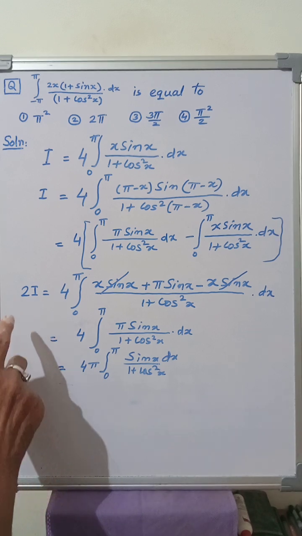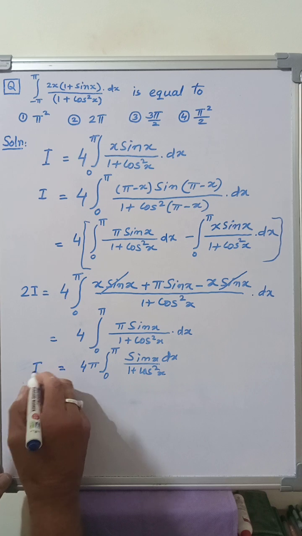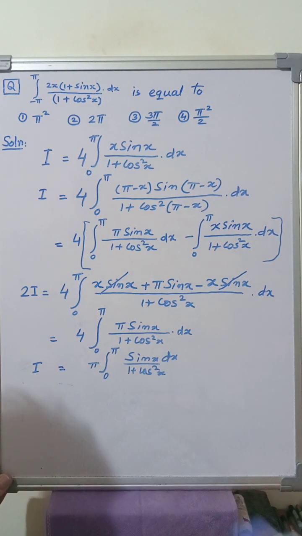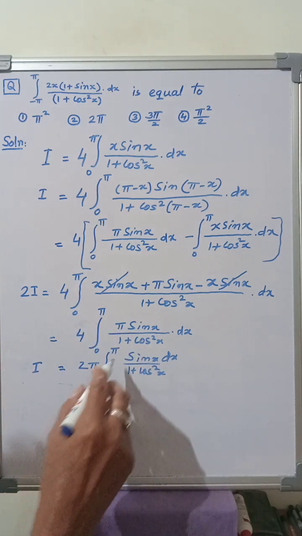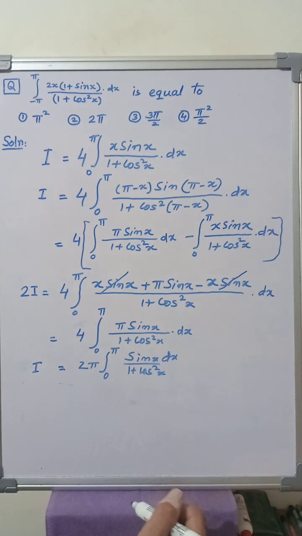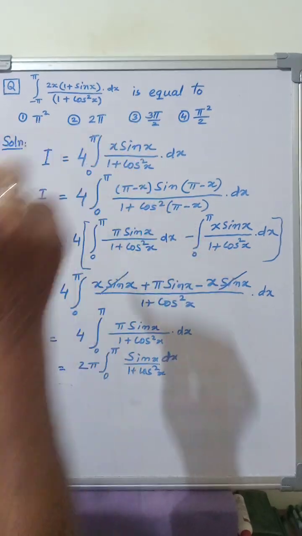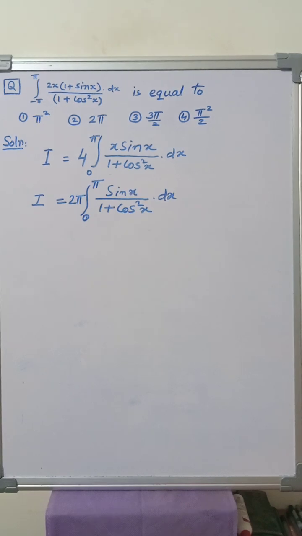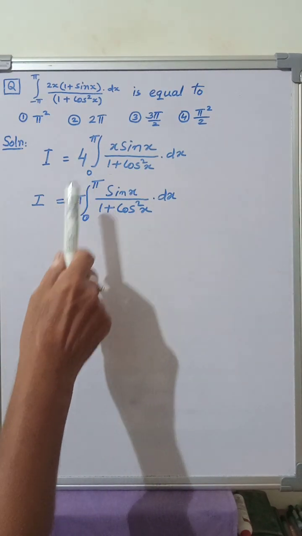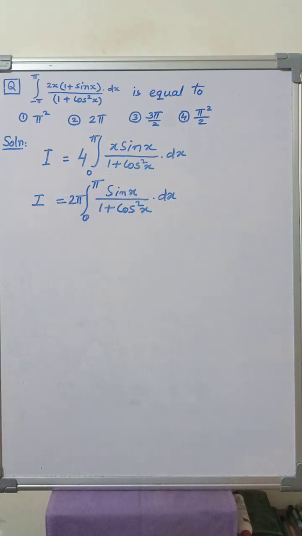Therefore I will be equal to, 2 getting cancelled, 2 pi integral between limits 0 to pi sin x dx divided by 1 plus cos square x. Therefore I is equal to 2 pi integration between limits 0 to pi sin x divided by 1 plus cos square x into dx.